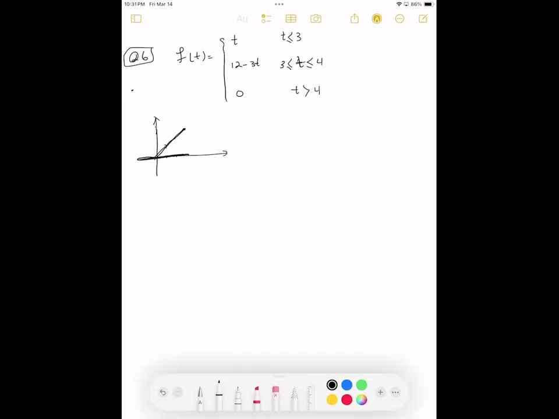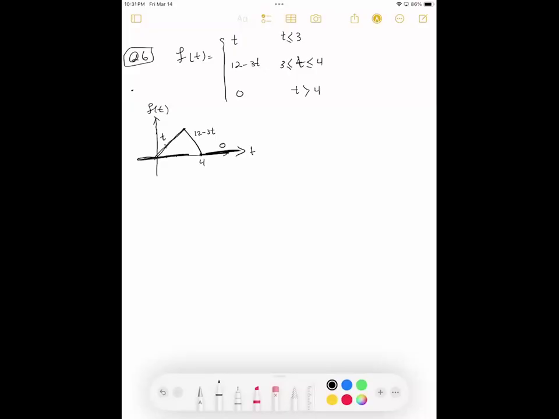Then from 3 to 4, if I substitute 3 here, I get 3 again. It goes down this way. And this is 4. And after 4, it goes back to 0. So we have a t here. Then we have 12 minus 3t here and 0.